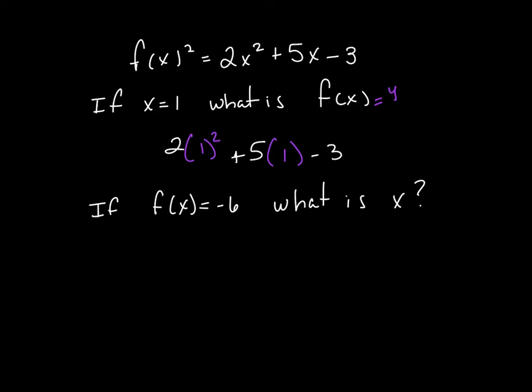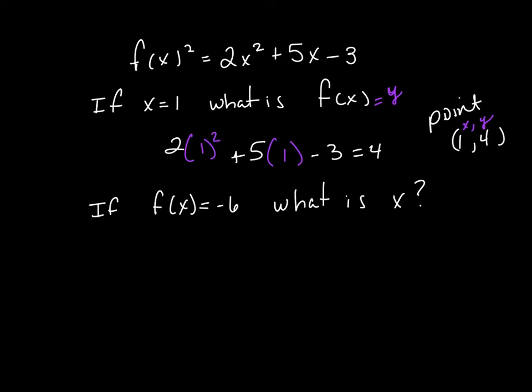I simplify all of that out. That is equal to 4. So the point will be 1, 4. And just for clarification, this up here, that is a y. This is my x value and then my y value.